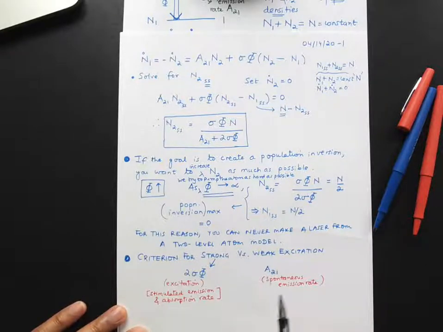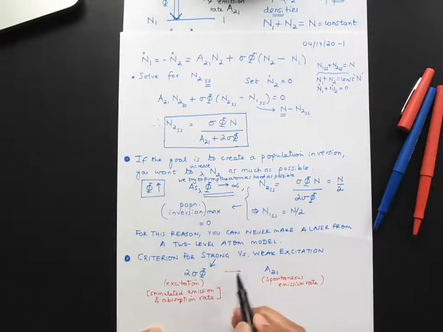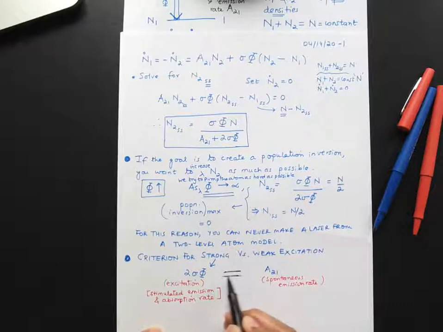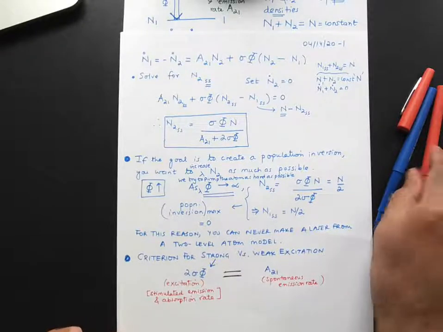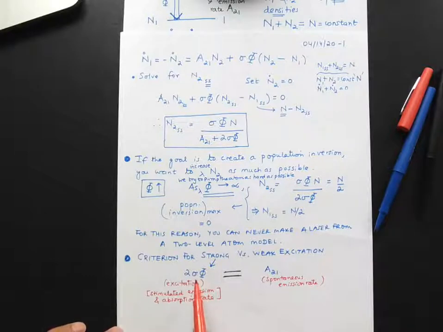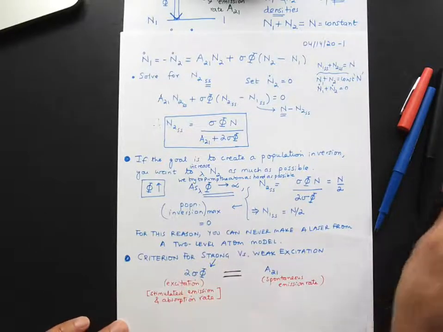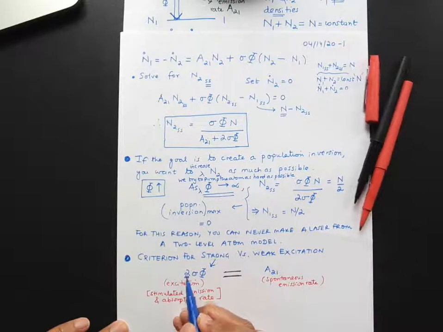All right, and this is kind of neat: the place where they're equal is where you will notice that, and by the way, this is 2 times sigma phi, so I should be careful.